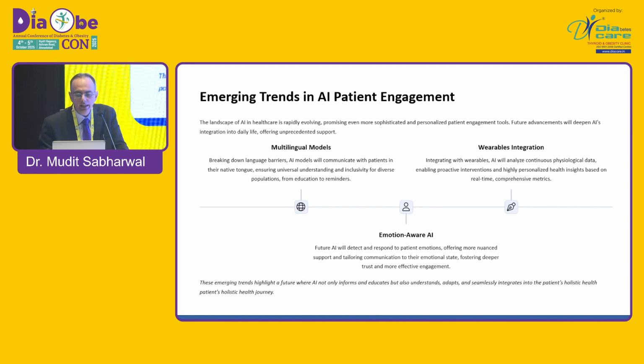You can integrate your smart bands, CGMs, BP monitors, etc. into these AI models, enabling proactive interventions and highly personalized healthcare insights in real time and in a more comprehensive manner. And there is emotion-aware AI, where the AI understands the patient's mental situation, becomes more emotionally aware, and answers in a more human-like, more empathetic manner, and not a robotic manner.